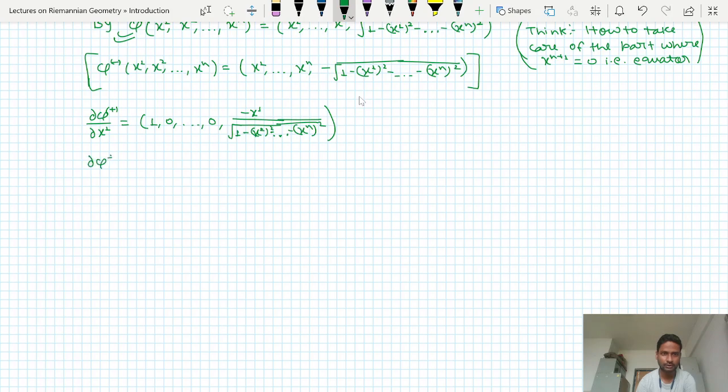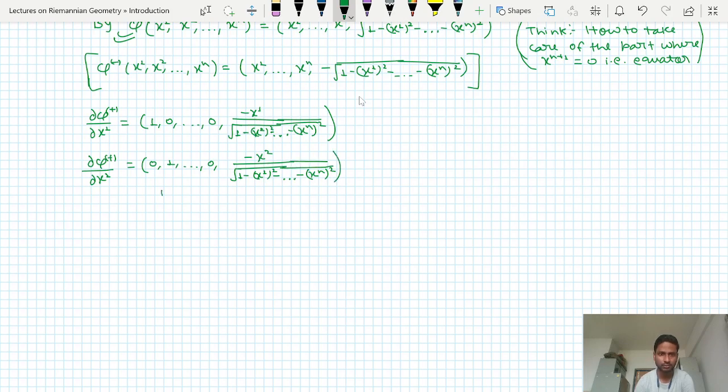Similarly, with respect to x2, what will you get? This will be 0, this will be 1, up to and so on, 0. Here you will have minus x2 over the square root of 1 minus x1 squared minus up to and so on minus xn squared. That's it.